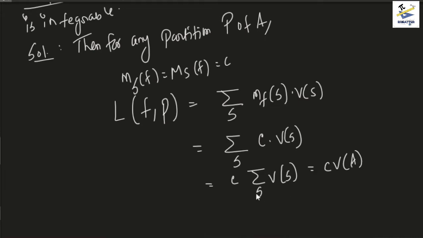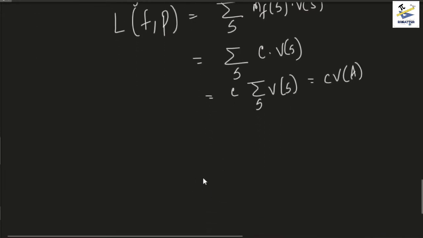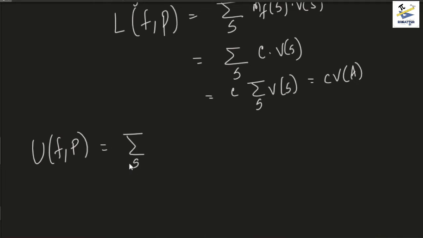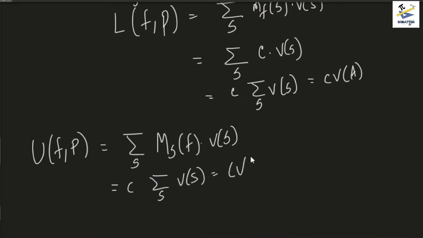Similarly for the upper sum, since it is also C, it comes out and you get C times the sum of V of S, which is C into V of A, right?